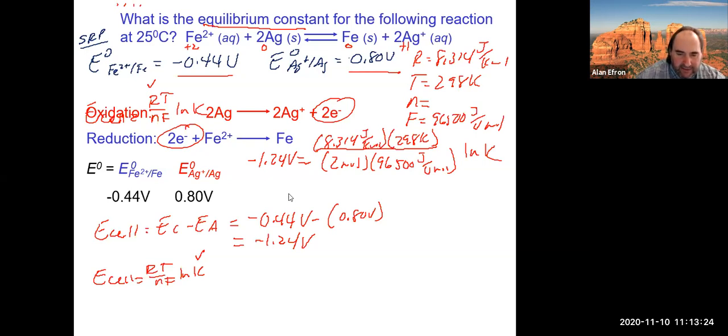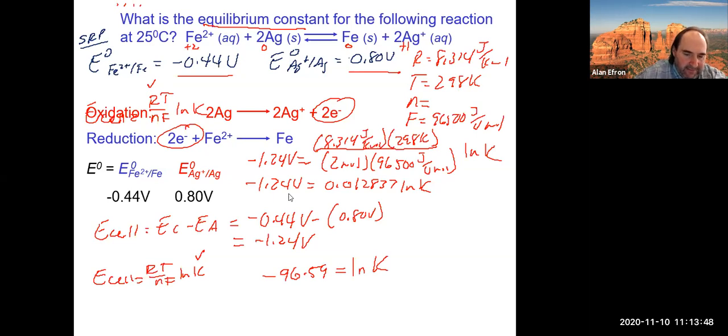That's going to give us something like minus 1.24 volts equals 0.012837 natural log of K. Dividing that to the other side is going to give us something like minus 96.59 is equal to the natural log of K. At this point, we're going to take e to both sides.